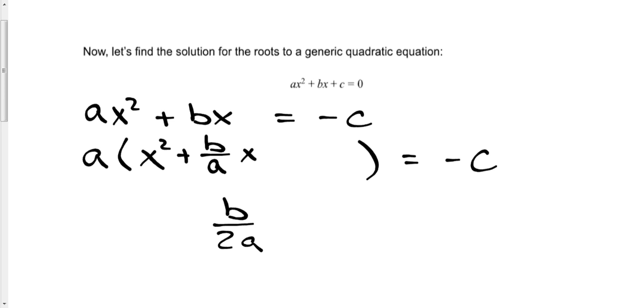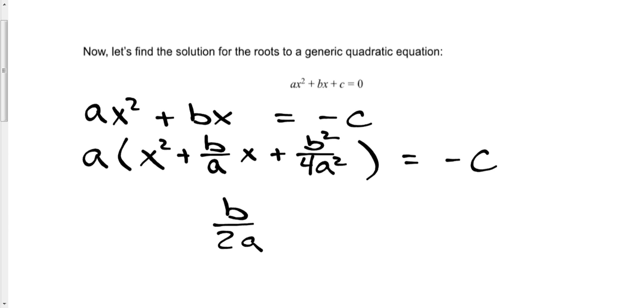Now I square that. When I square b over 2a, what do I get? Very close, 4a squared. And that's what I add: b squared over 4a squared.